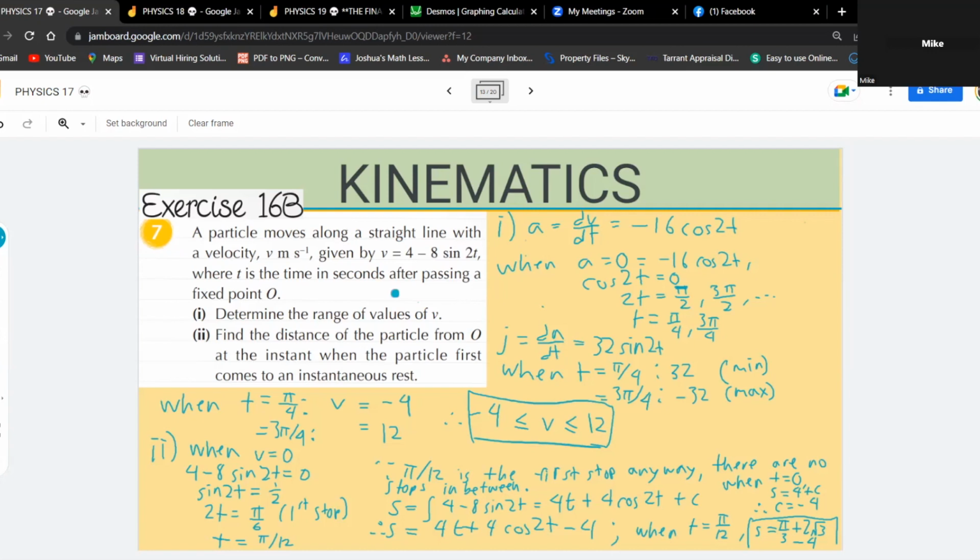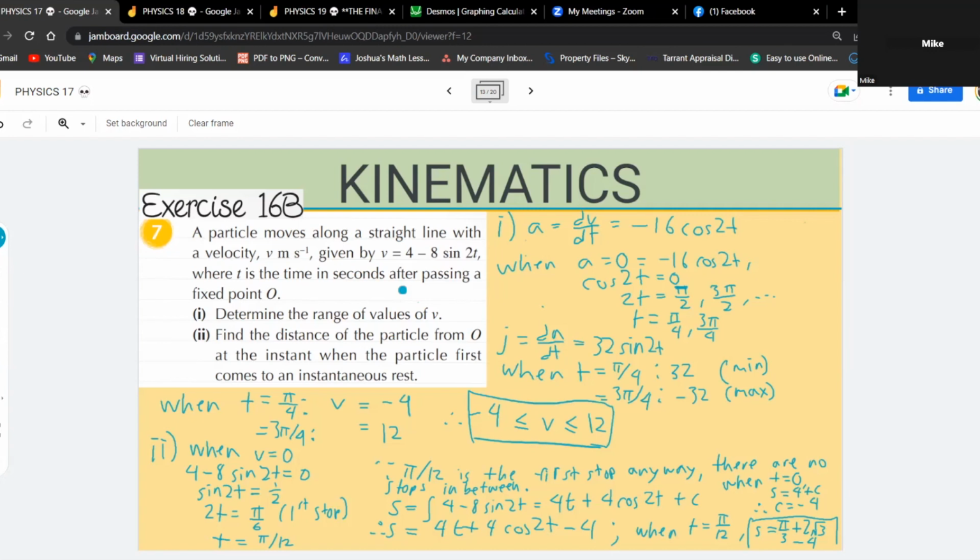16B7. So maximum and minimum. So 12, -4.